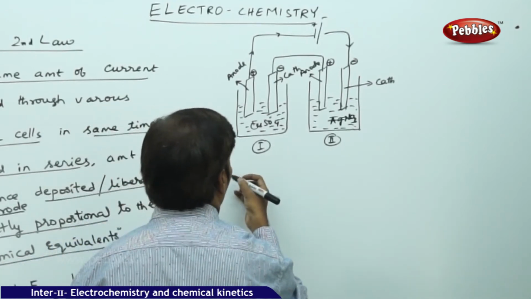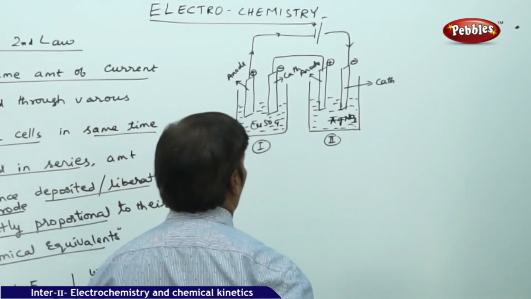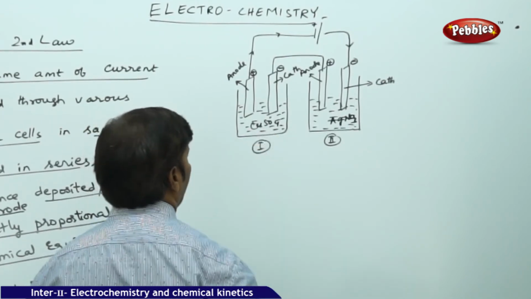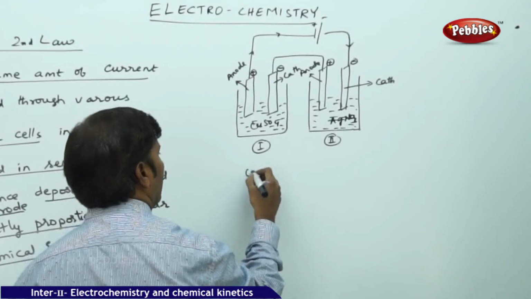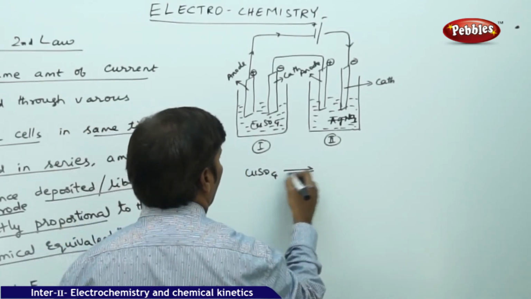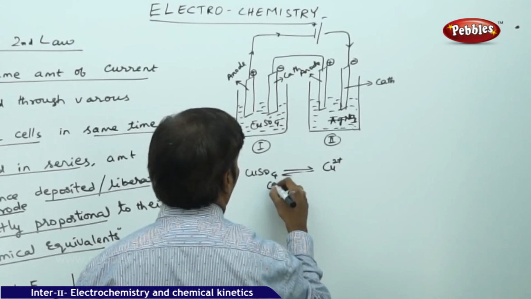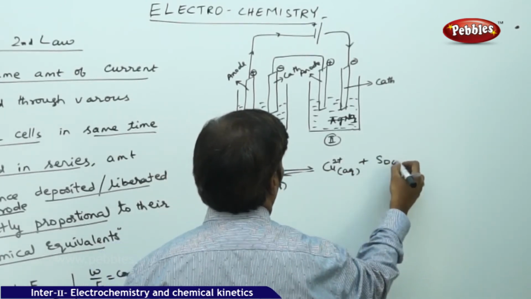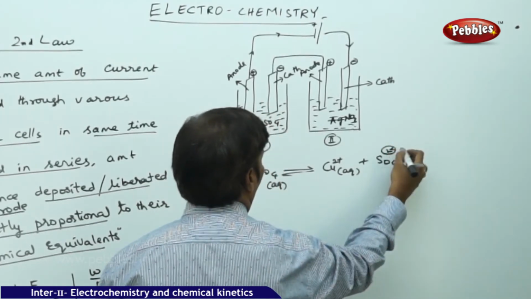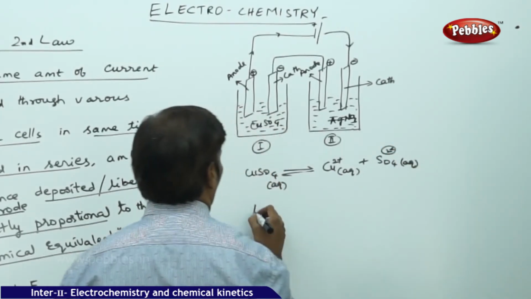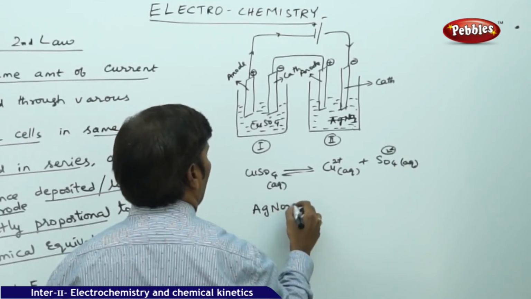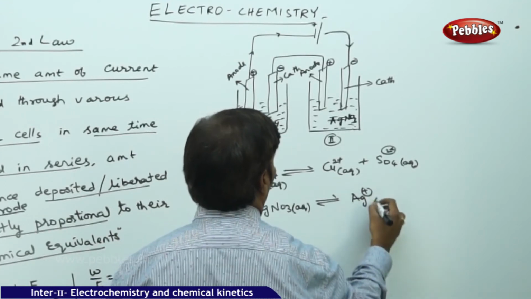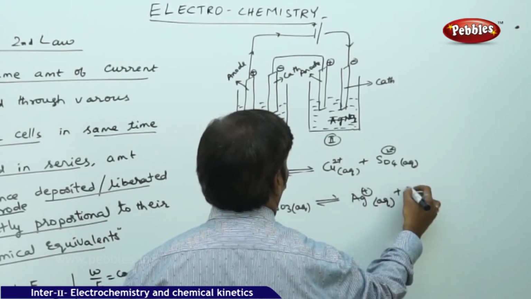The copper sulfate in the first electrolytic cell dissociates to give one cupric ion aqueous plus sulfate ion aqueous, and silver nitrate, AgNO3 aqueous, reversible reaction, Ag plus aqueous cation plus nitrate aqueous anion.